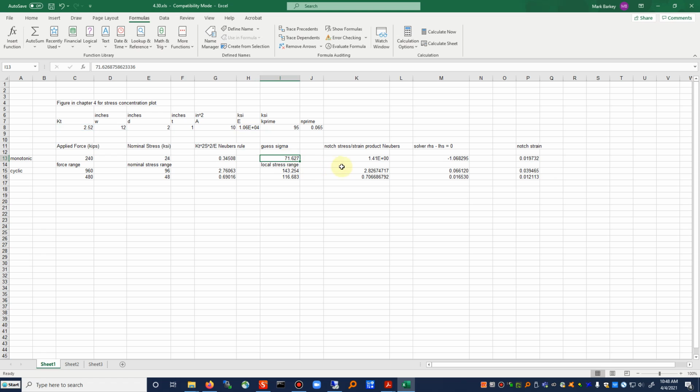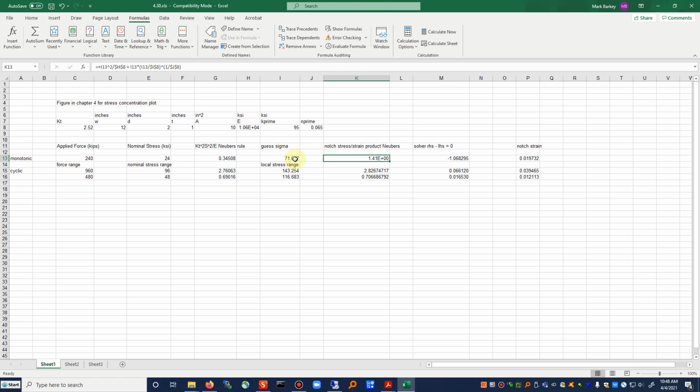Here's a guess at sigma, and here's the product of sigma times epsilon, the notch root stress and strain. So if I were to guess the right sigma and I were to subtract these two terms, then if I can drive that equal to 0, then I should find the right value of the stress sigma.